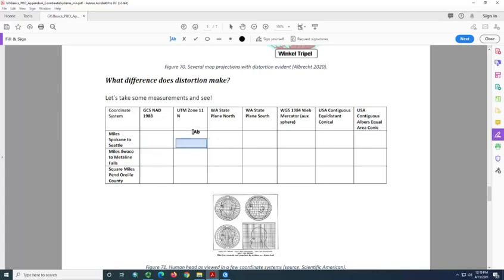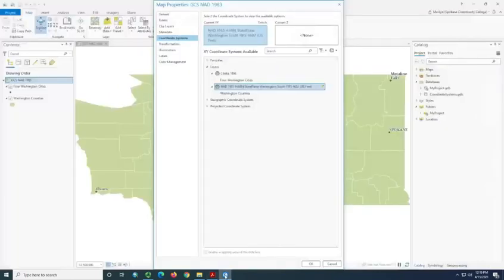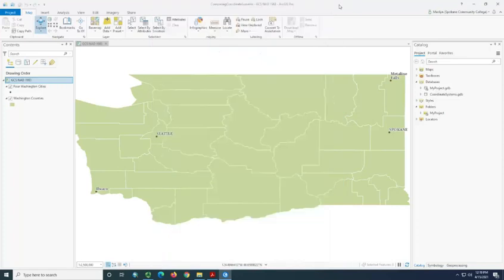The first one we want to make is UTM Zone 11 North. All right, so I'm going to go ahead and close out of this. We looked at our map properties. We're going to create a new map. I'm going to show you a quick, cheap, and easy way to make a duplicate of our map. Oh, look at this.